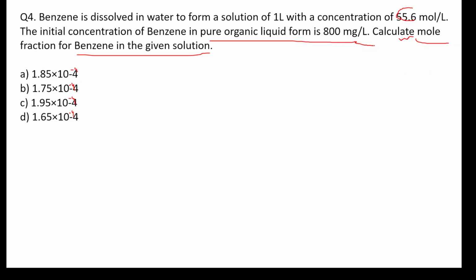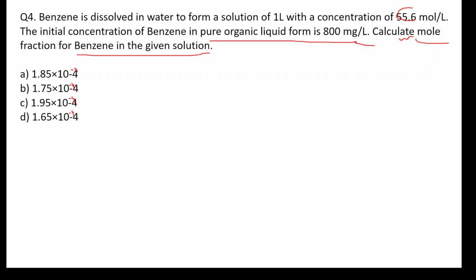Benzene is dissolved in water to form a solution of 1 liter with a concentration of 55.6 moles per liter. The initial concentration of benzene in pure organic liquid is 800 milligram per liter. Calculate mole fraction for benzene in the given solution.